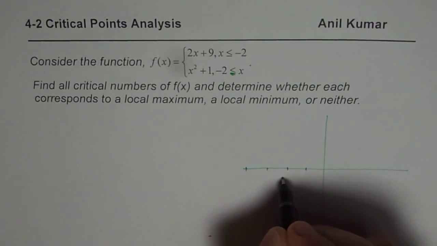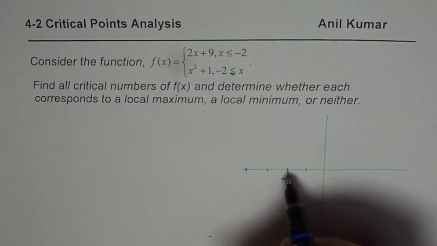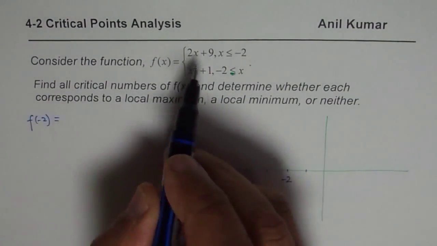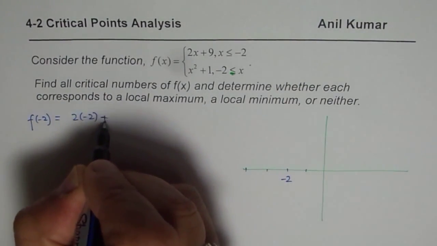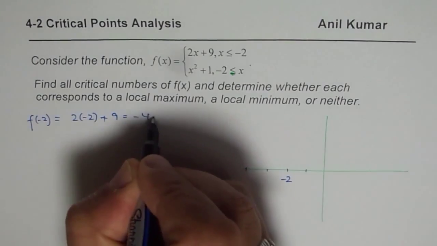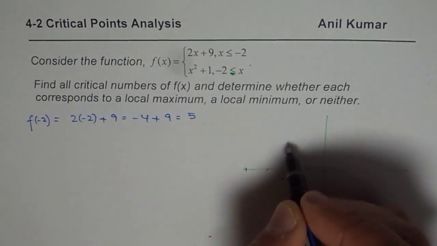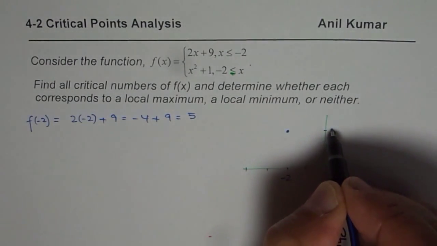These two pieces are joined together at minus 2. So let's find the value of the function at minus 2. If I substitute minus 2 here, I get 2 times minus 2 plus 9, which is minus 4 plus 9, which is 5. So at minus 2, the value of the function is 5. Let's say this point represents 5 for us.